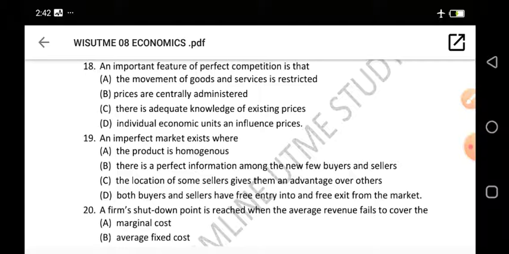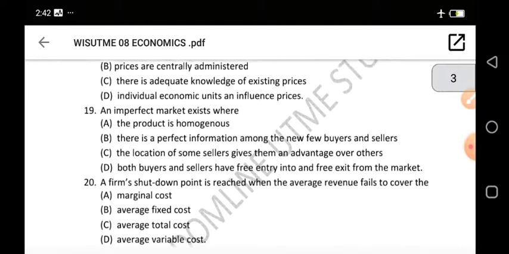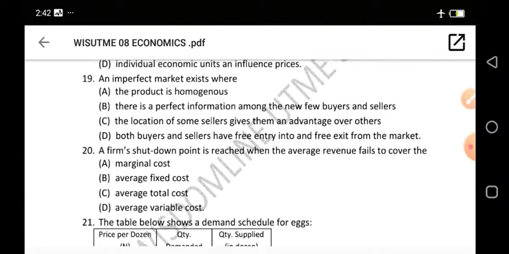Number 20. A firm's shutdown point is reached when the average revenue falls to cover the... So take note of that. How do you get your average revenue? We're talking about your total revenue divided by quantity.